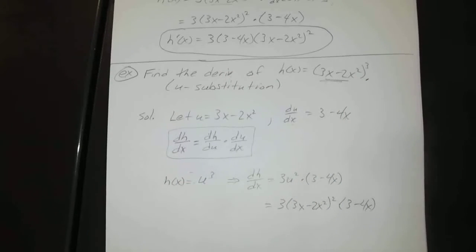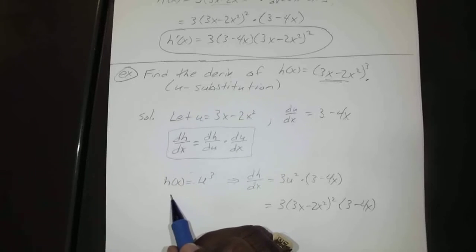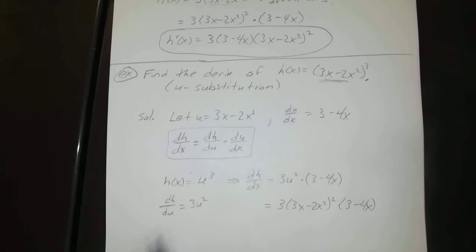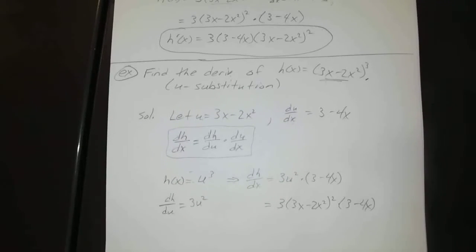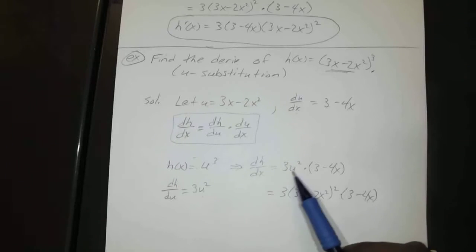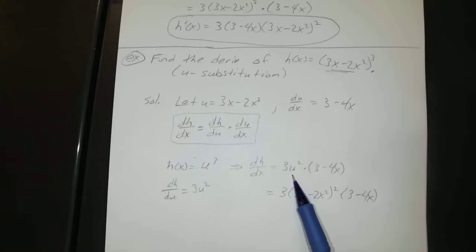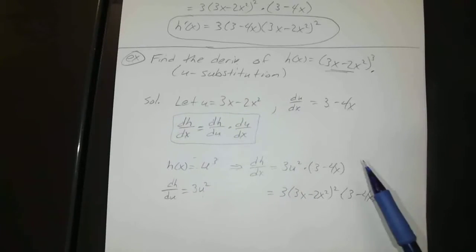Oh, yep, I got it right. Okay. The derivative of h with respect to u is just 3u squared, since you changed it into a u. So since you have your 3u squared, your derivative of h with respect to x is dh/du, which is that, times du/dx, which is that.